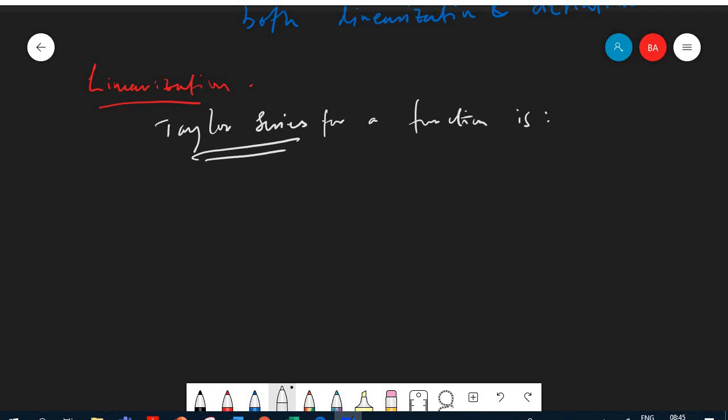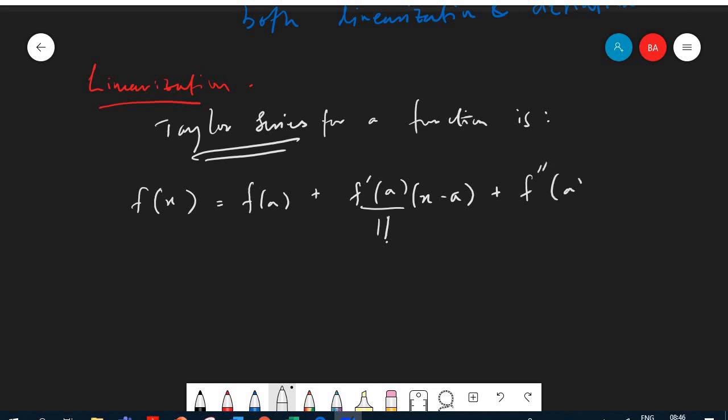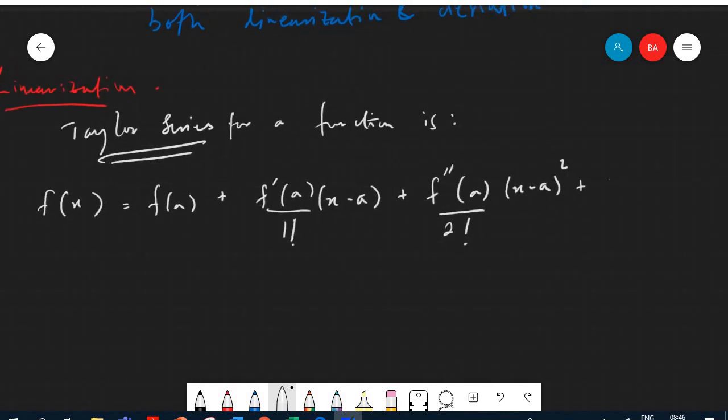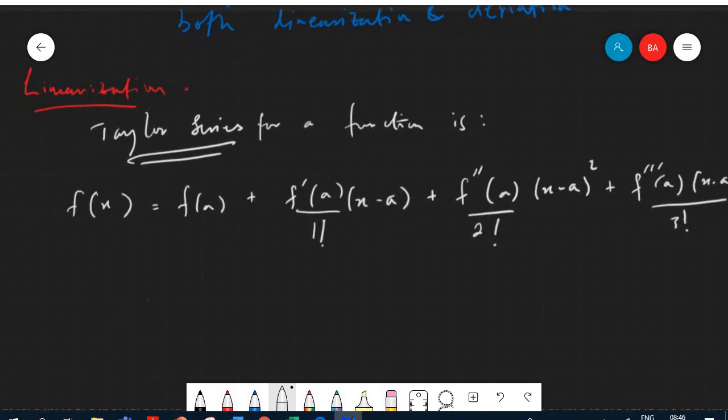The Taylor series of a function f of x is f of x equals f of a plus f prime of a divided by 1 factorial times x minus a, plus f double prime of a times x minus a squared over 2 factorial, plus, of course you can already guess, f triple prime of a times x minus a cubed over 3 factorial, plus, and so on. So this just goes on.